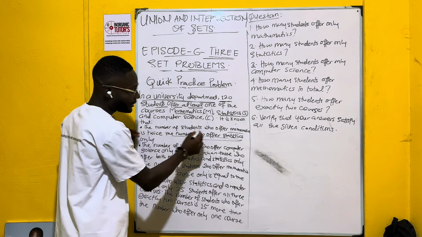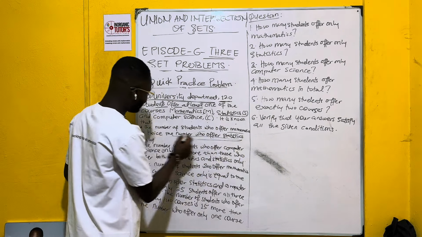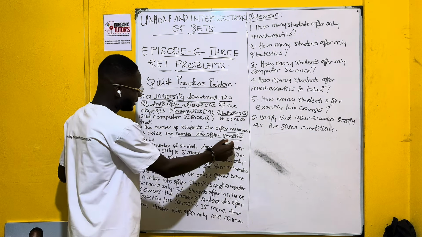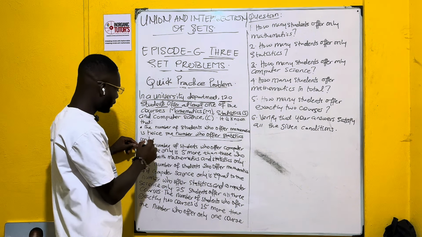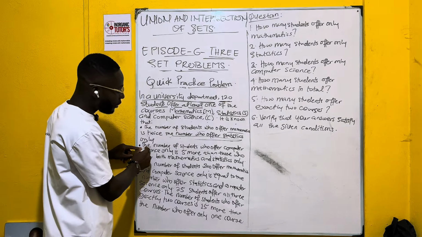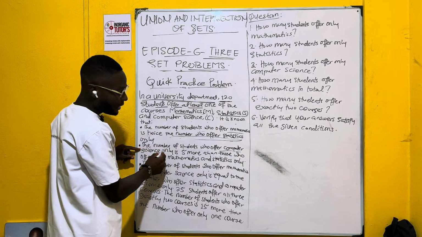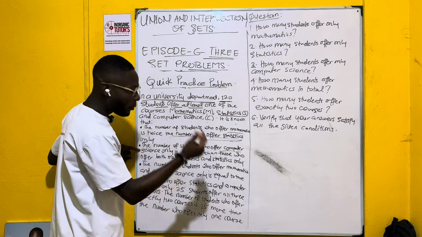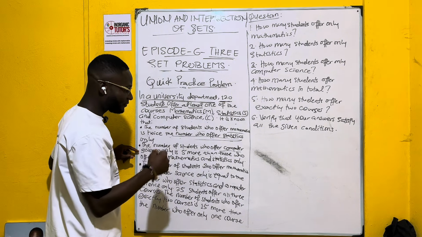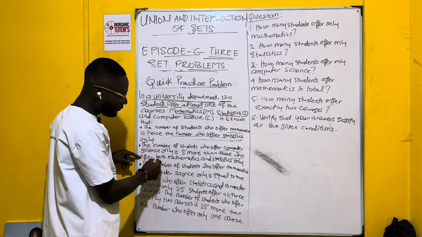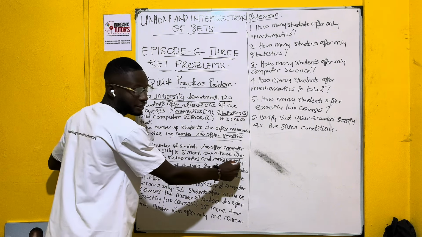Now, the number of students who offer computer science only is 5 more than those who offer both mathematics and statistics only.